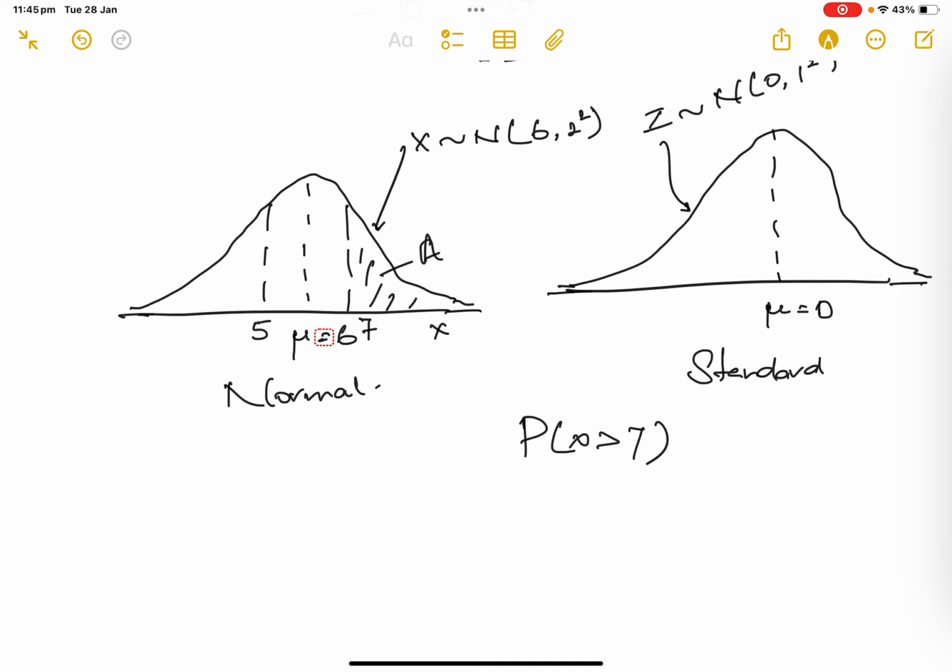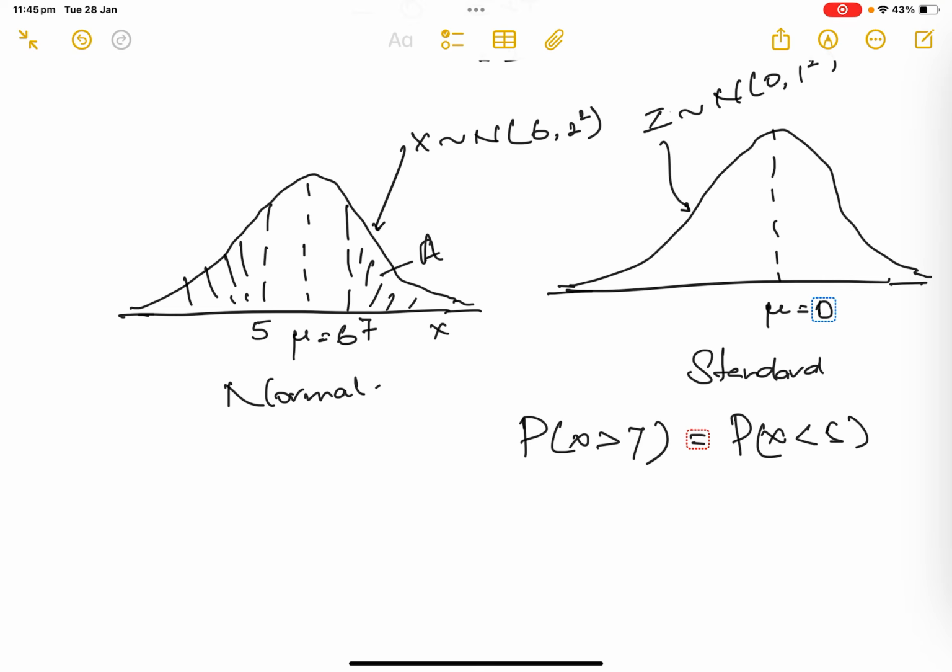We could work out this area, but we don't need to go that far. That area must be equal to this area, which is X less than 5. The area represents the probability.